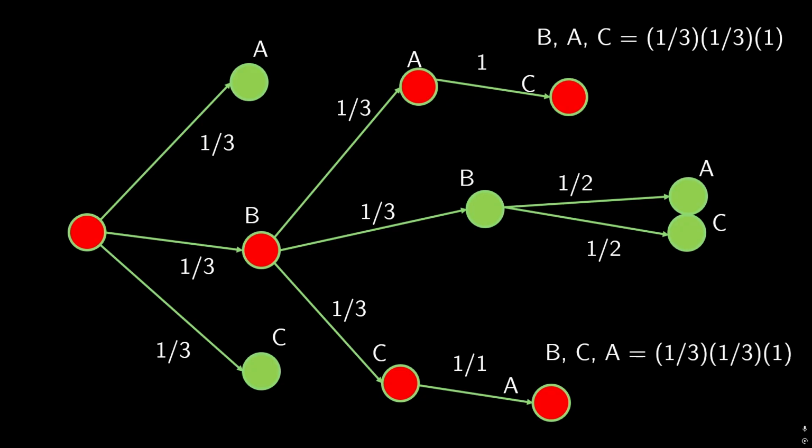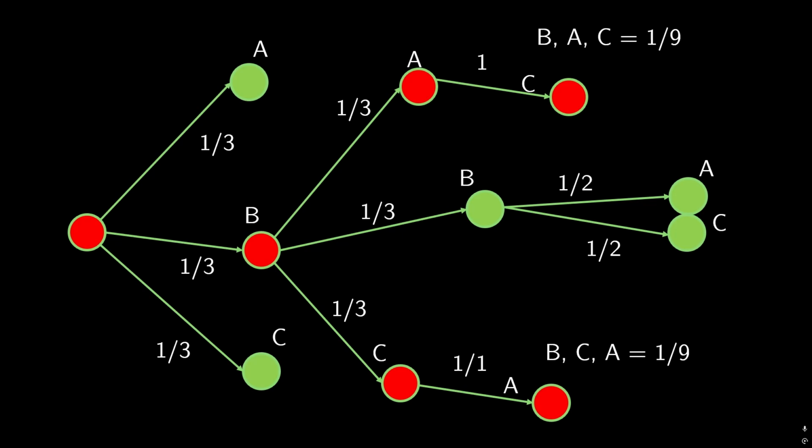Now this also happens with probability 1/3 times 1/3 times 1, which simplifies to 1/9. The idea is that we've computed the probability that, if the car was behind door B, switching gives us a probability of 1/9 of winning the game.